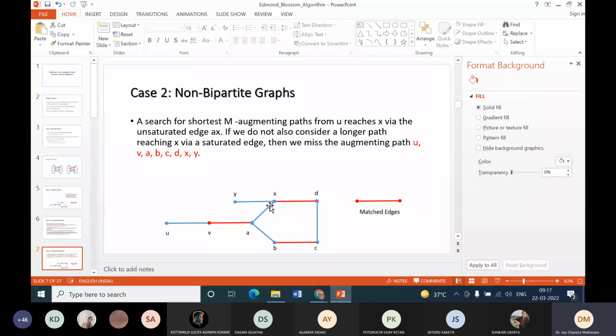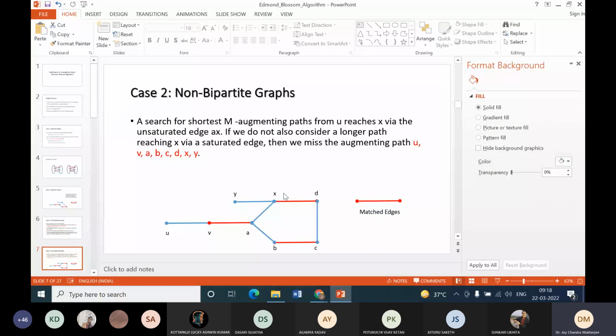Okay, and you find there is no augmenting path here. If you go by this, UV, VA, AX, you couldn't find any augmenting path. But if you take this path, UV, VA, AB, BC, CD, DX, and then XY, then you find an augmenting path.